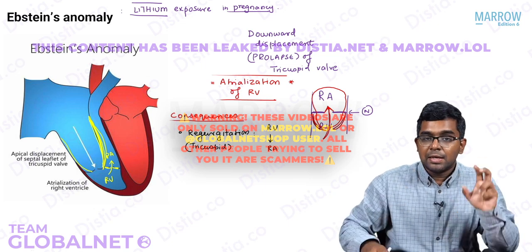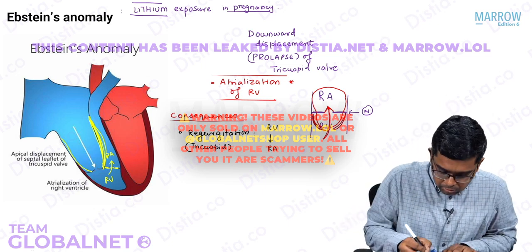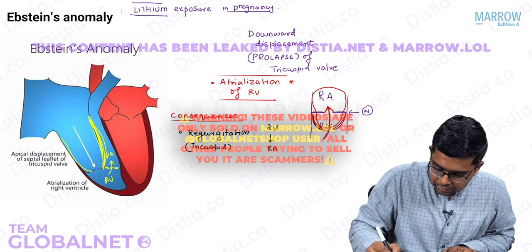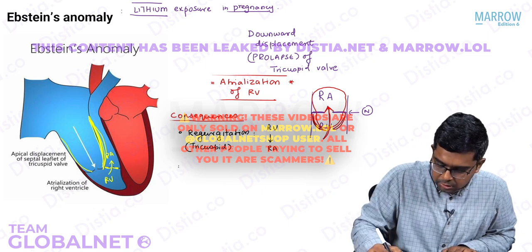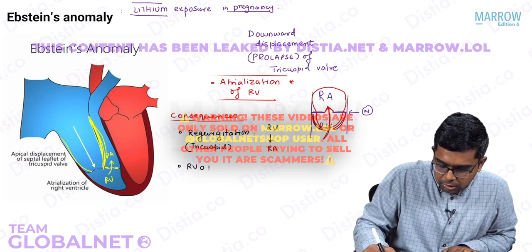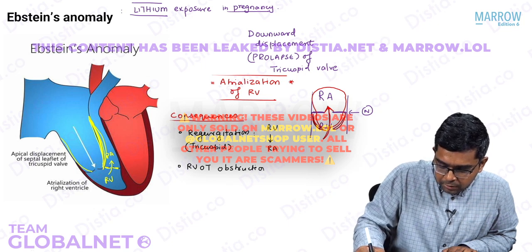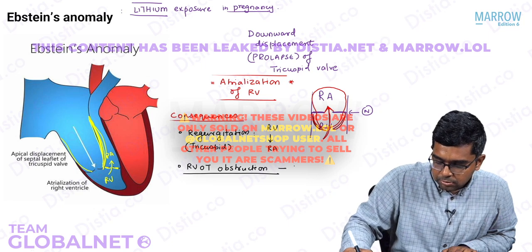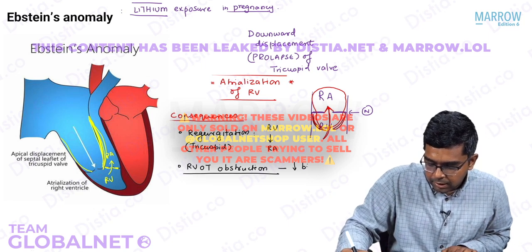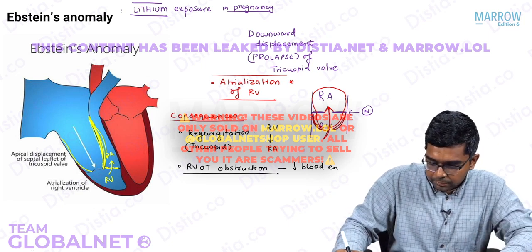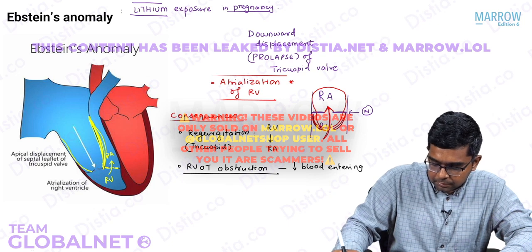Or in other words, I can write like this. It also causes right ventricle outflow tract obstruction, RVOT obstruction. What is the problem? This leads to decreased amount of blood entering the pulmonary artery.